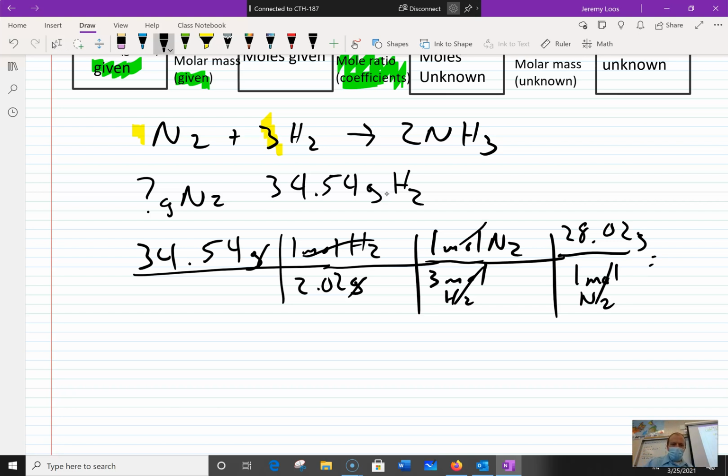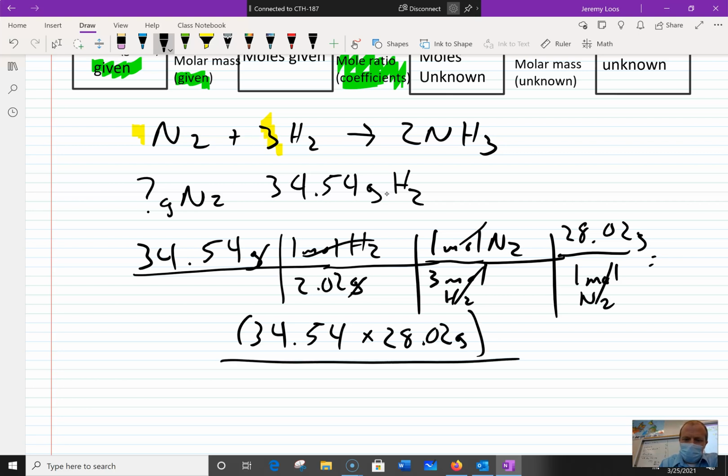In terms of actually making this calculation, what I would do is punch it into my calculator all at once. Like so. So I'm ignoring the ones. It's everything on top multiplied together divided by everything on the bottom.